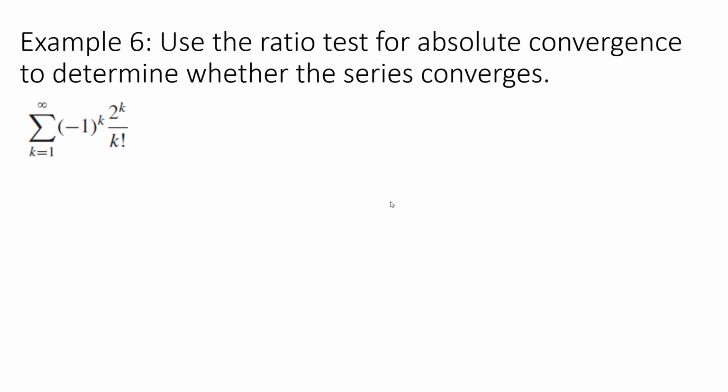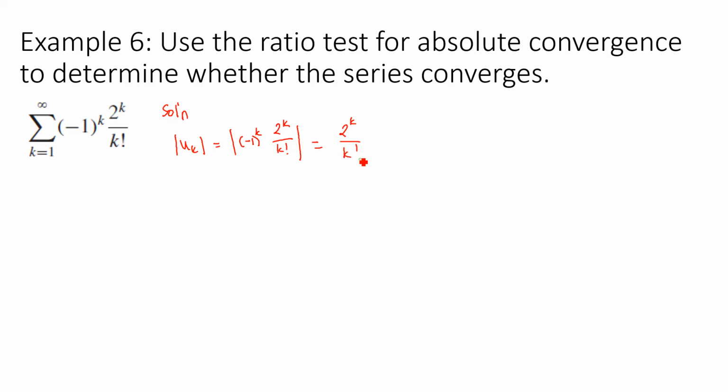Taking the absolute value of the general term u sub k, we obtain that the absolute value of u sub k is equal to the absolute value of negative 1 raised to k times 2 raised to k over k factorial, which is equal to 2 raised to k over k factorial.